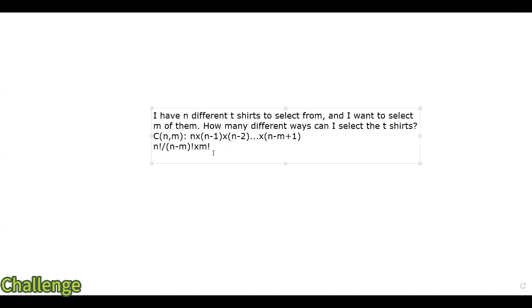It should be m factorial, because we have m different ways to rearrange these m different items. Because if you think about it, if instead of n different t-shirts, I have m different t-shirts, and I wanted to select m of them, which means that I would just be arranging the m t-shirts in different ways, so I have m factorial different ways to arrange these t-shirts.